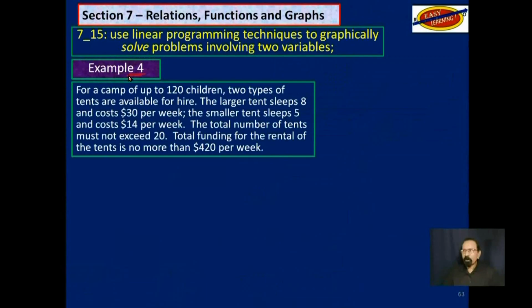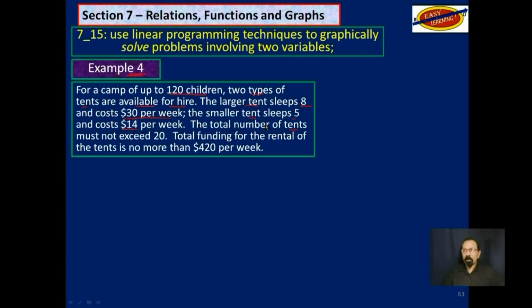Example 4. For a camp of up to 120 children, 2 types of tents are available for hire. The larger tent sleeps 8 and costs $30 per week. The smaller tent sleeps 5 and costs $14 per week.